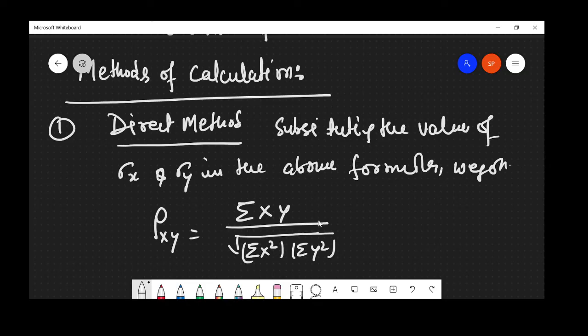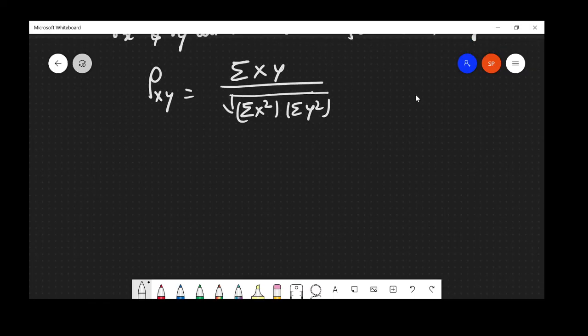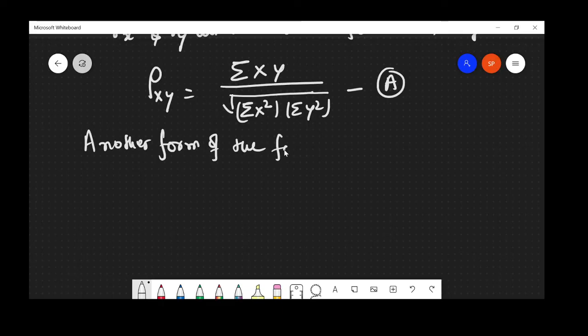That is known as the Karl Pearson coefficient of correlation. We can take this as equation A. Now another form of the formula A, which is quite handy for calculations.